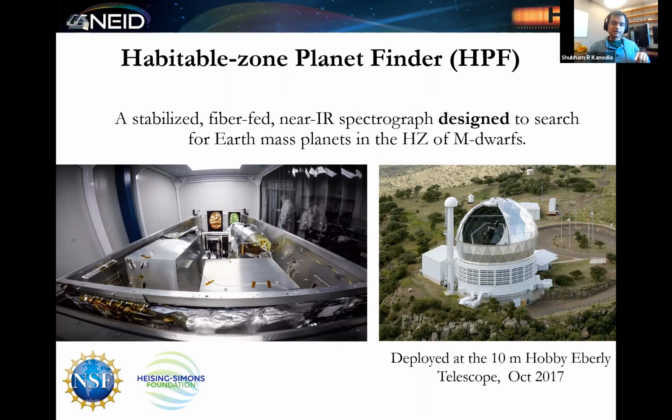The interesting thing I would like to mention about the Hobby-Eberly Telescope, or HET, is that it's a 10-meter telescope, which is really useful to find planets around these faint M dwarfs so we can reduce the photon noise or its impact on these measurements. But the other interesting thing is that it's a fixed altitude telescope, and it's probably just one of the two telescopes of its kind in the world where, in a way, it's similar to Arecibo, where Arecibo is, or I guess was, pointing at the zenith.